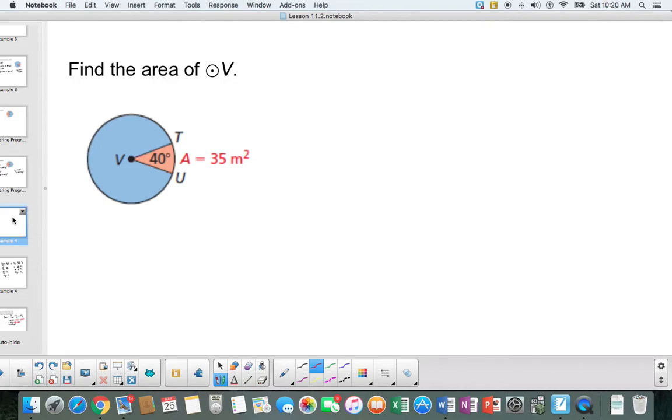Okay, I'd like to find the area of the circle, and I've been given the area of the sector and the measure, but I want the whole circle. So again, there are 2 formulas.